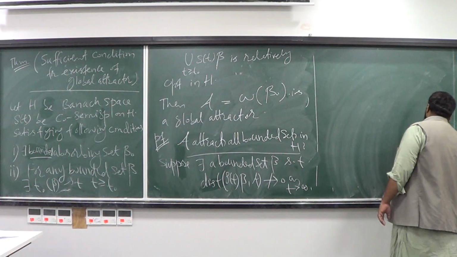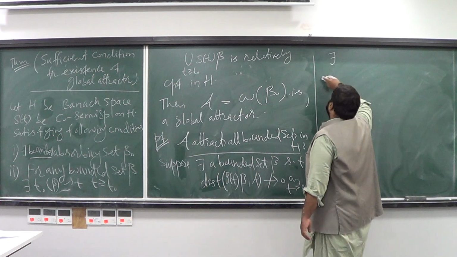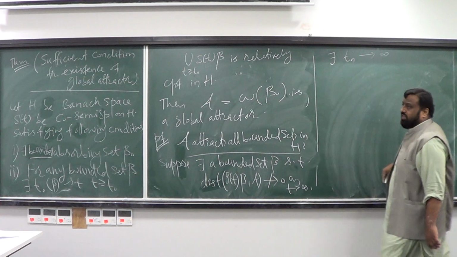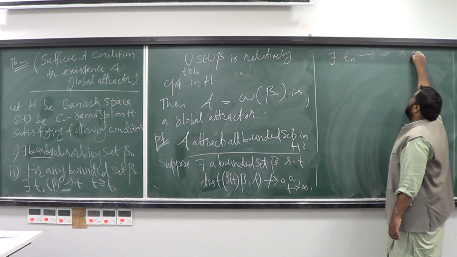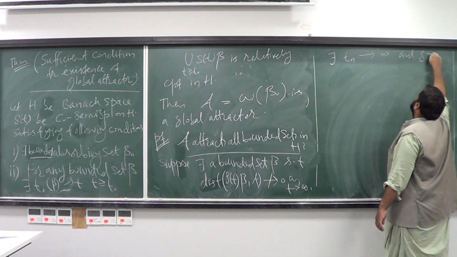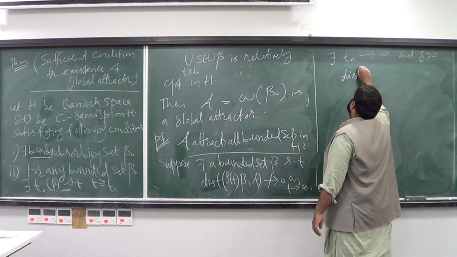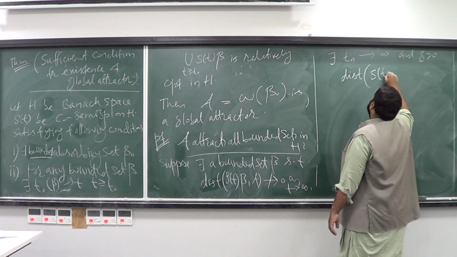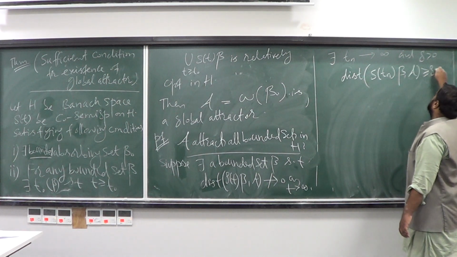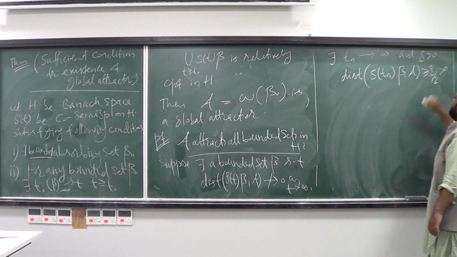It means there is a sequence of times T n that goes to infinity and a positive number delta such that the distance between S evaluated at T n operated onto B and A is always bigger than or equal to this delta by 2, which is a positive number.